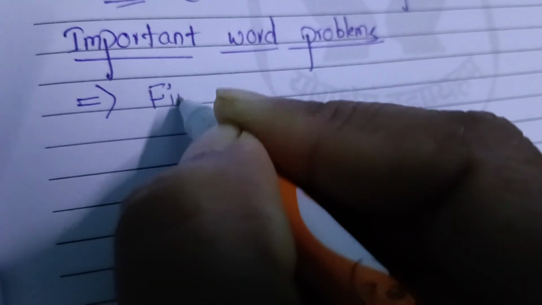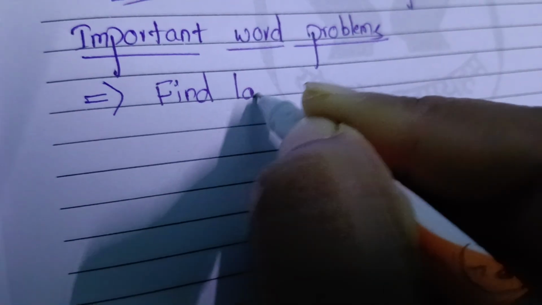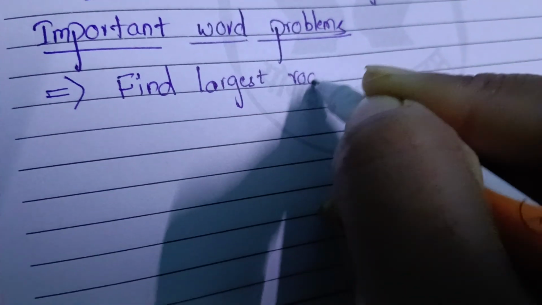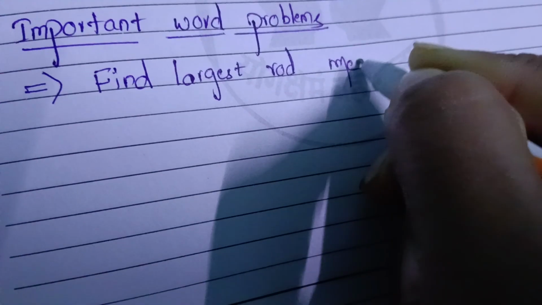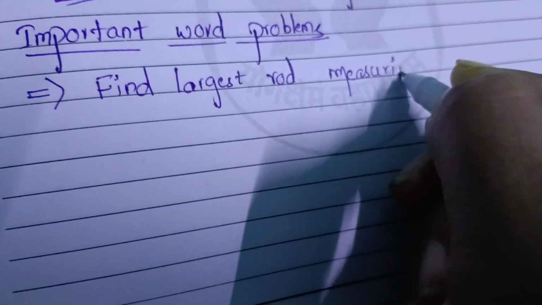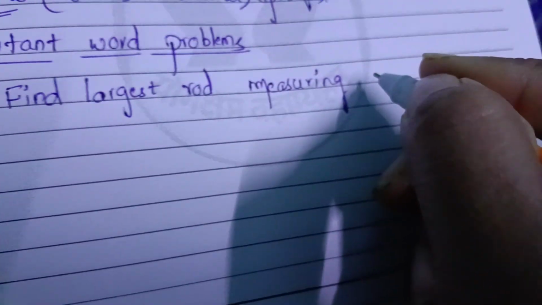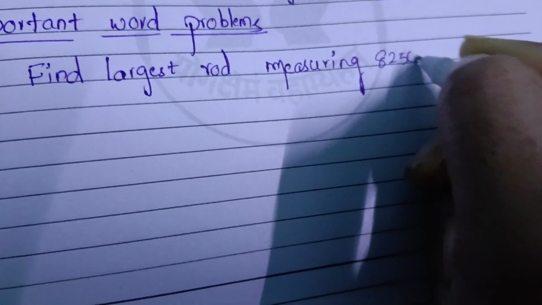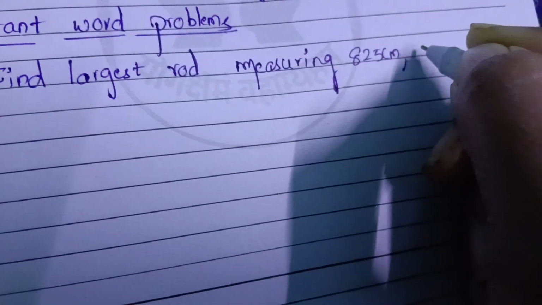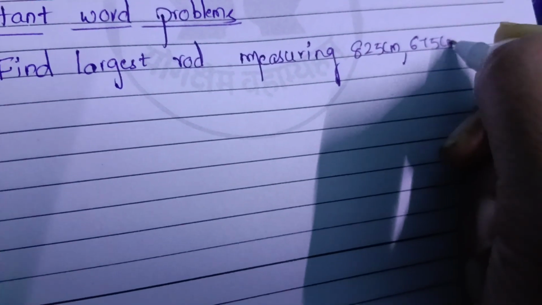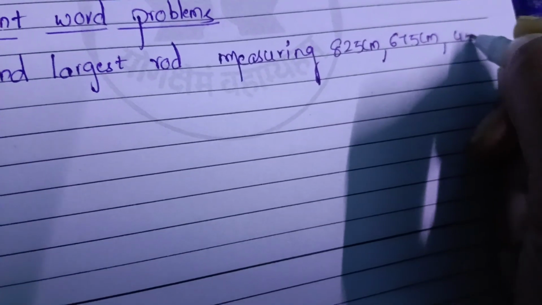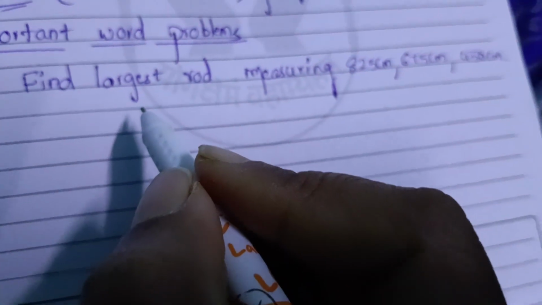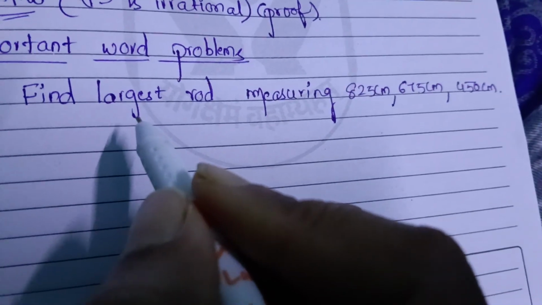See, the first one is: find the largest rod measuring, it should be able to measure 825 centimeters, 675 centimeters, 450 centimeters. Okay, so clearly observe the question; from this itself you can find the answer.